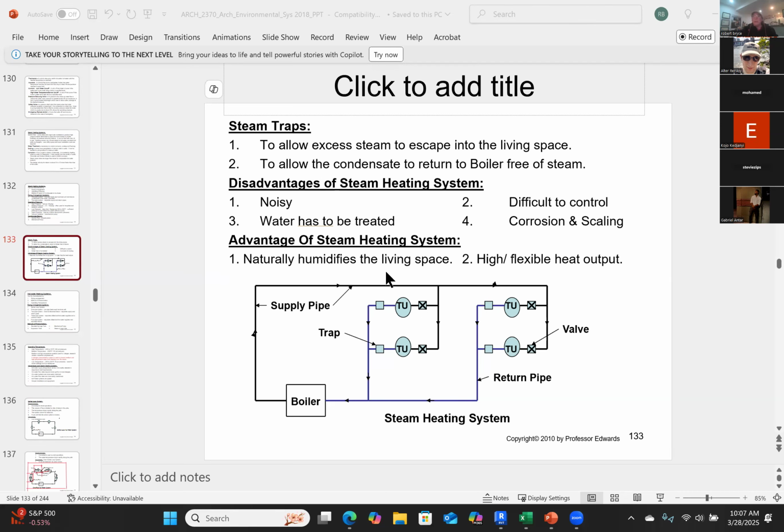And basically, you would have a thermostat possibly somewhere that would turn this valve on or shut it down. So if you set the temperature for this particular space on your thermostat, when you've achieved that temperature, this valve would close.